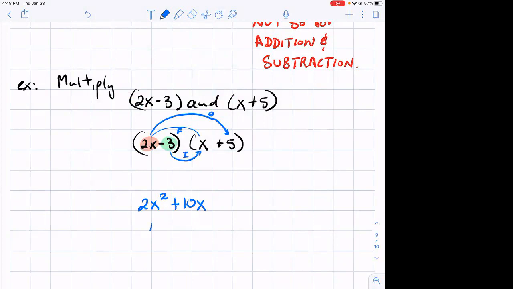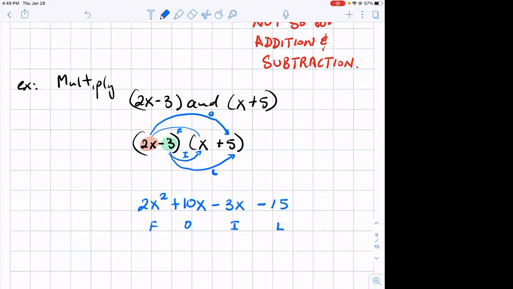So we did F, we did O, so minus 3 times x becomes minus 3x, and that's the I. And then we go again, the minus 3 times the 5, which is what we call the last thing to do. Minus 3 times positive 5 becomes minus 15. That's the last.